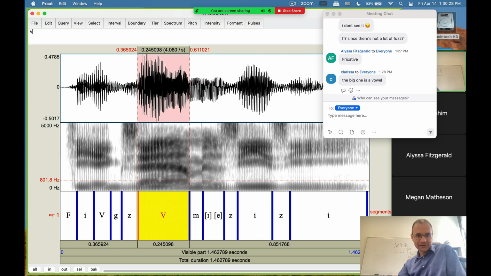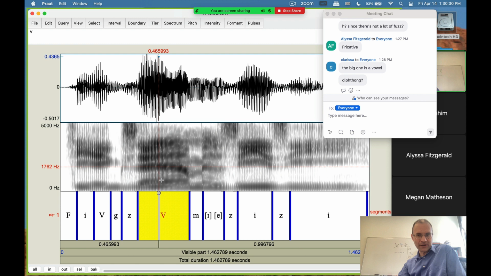What vowel is this? F2 is about there, 1760. F1 is 660, so F1 is relatively high. It's above 500 hertz. F2 is also relatively high, about 1800 hertz. You're saying diphthong, and I'm like, well, maybe, but where you're seeing the change is, I think, mostly due to the bilabial stop after it.